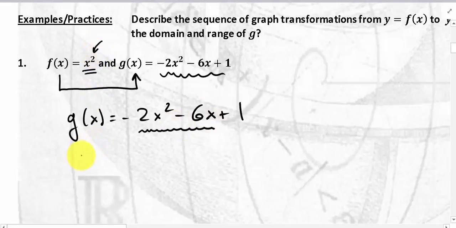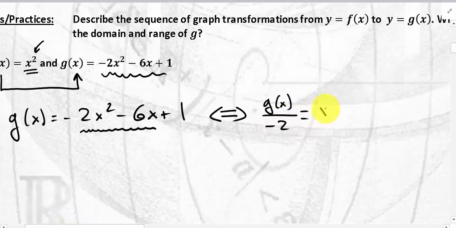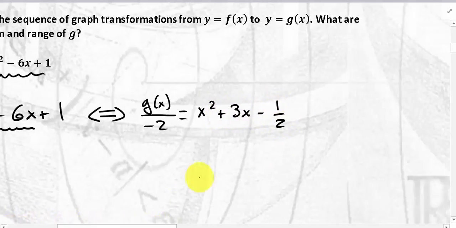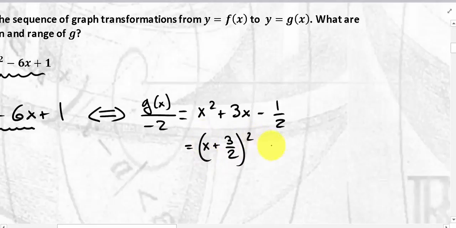So you know what to do. Let's divide by, if and only if, I'm going to divide by negative 2. g of x over negative 2 equals x squared plus 3x minus 1/2. Then here I'm going to complete my square: x plus 3/2 squared minus 9/4.